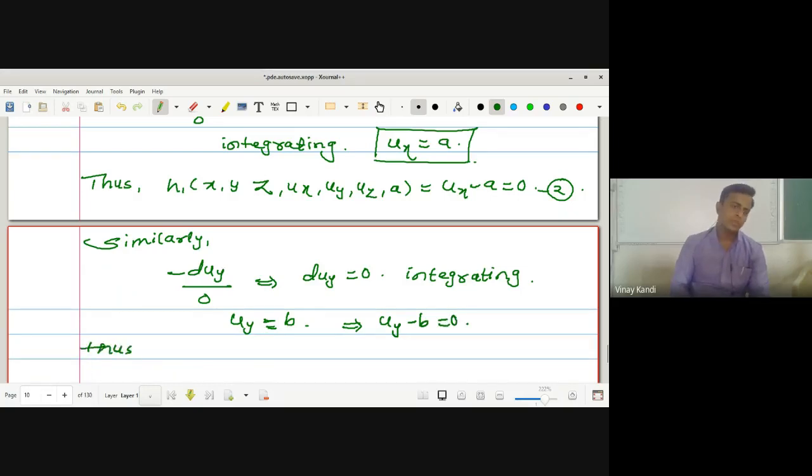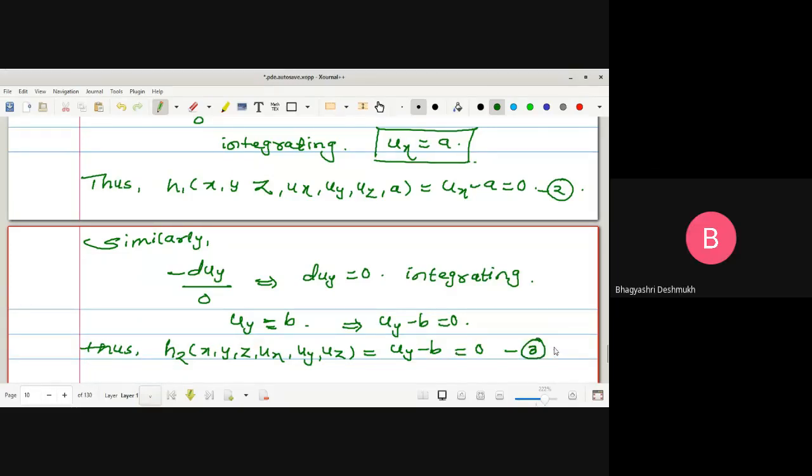Thus, this is the second partial differential equation which is compatible with f equals 0. So this is h2 of x, y, z, ux, uy, and uz, equal to uy minus b equals 0. This is equation number 3.